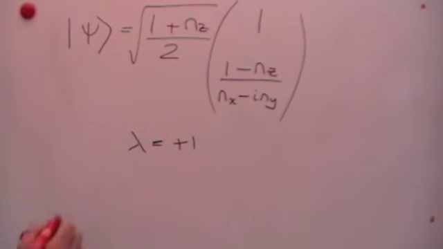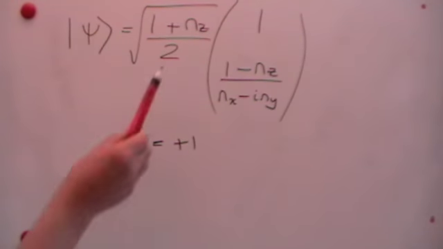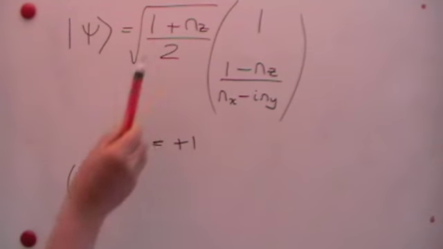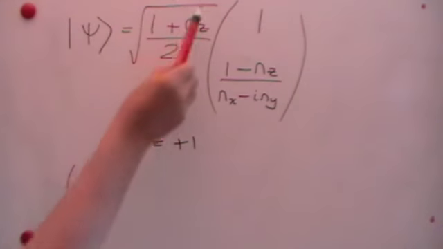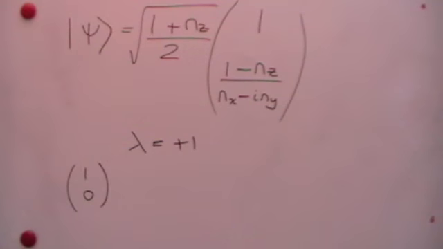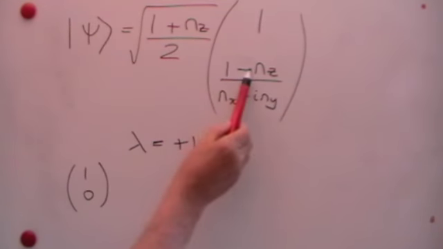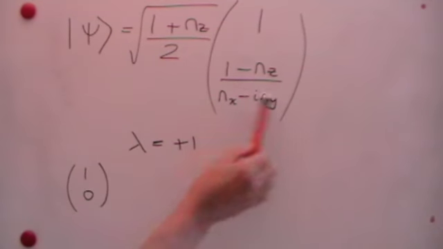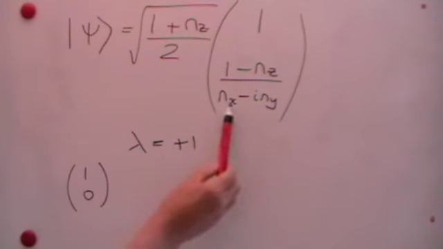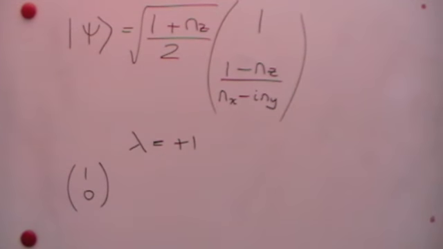The eigenvector of the sigma z matrix with an eigenvalue of plus 1 is (1, 0). Is that right? Well, if nz is 1, 1 plus 1 is 2, 2 over 2 is 1, the square root of 1 is 1. This is 1, well that's fine. And what is this at the bottom? 1 minus 1 is 0. Doesn't matter what the denominator is, well it's 0 anyway. So that gives you 0.